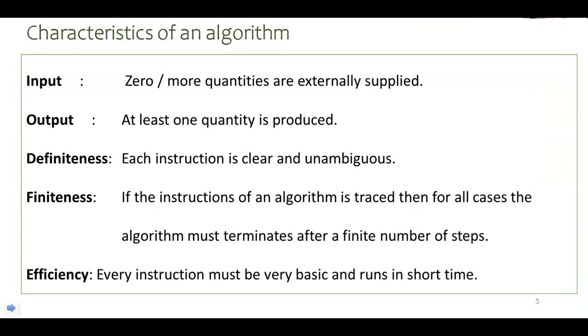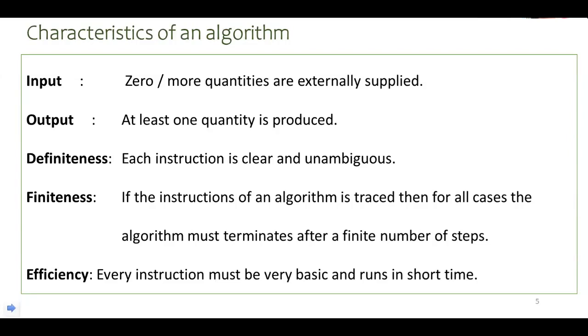For performing a particular task or solving a particular problem, sometimes you have to take input, and sometimes we cannot take even input, we are getting some solution for some particular kind of problems. And output: at least we are expecting one output to be produced by your algorithm. Without output, your algorithm is of no use. It means you are doing something but not getting any output, then that algorithm is not good.